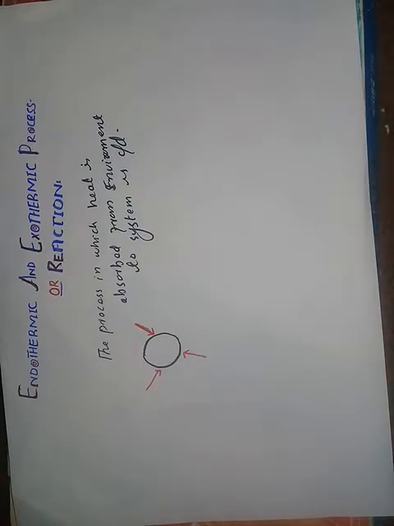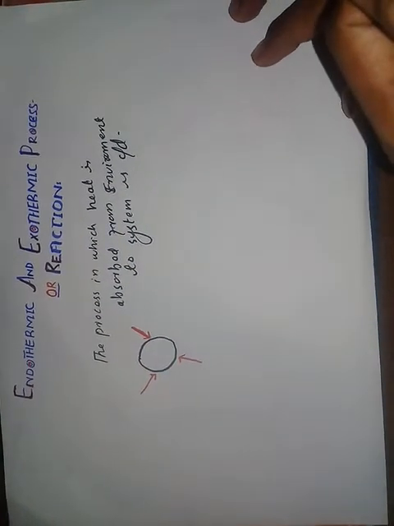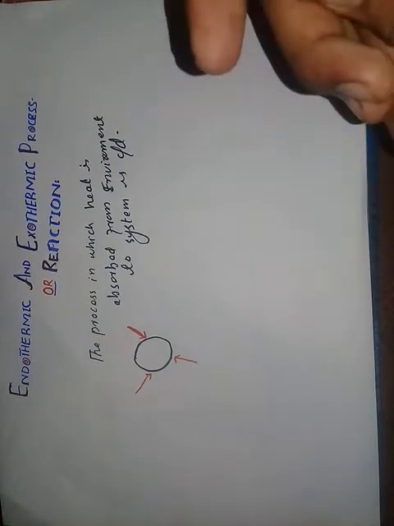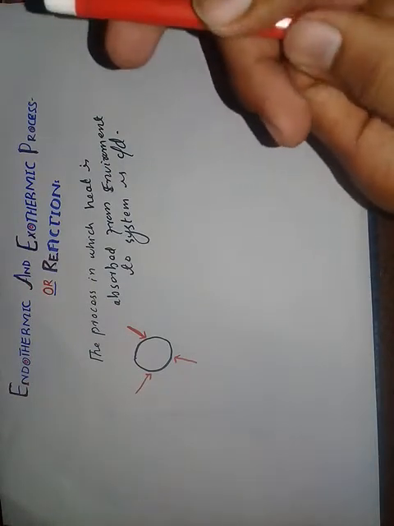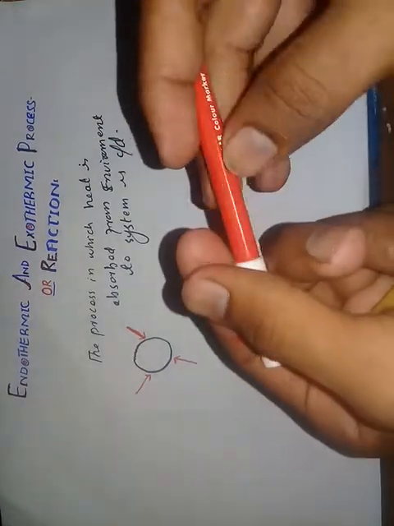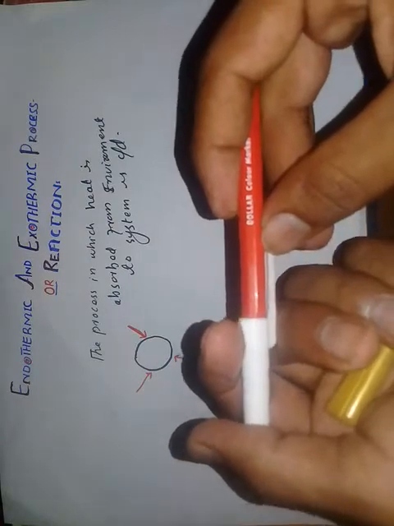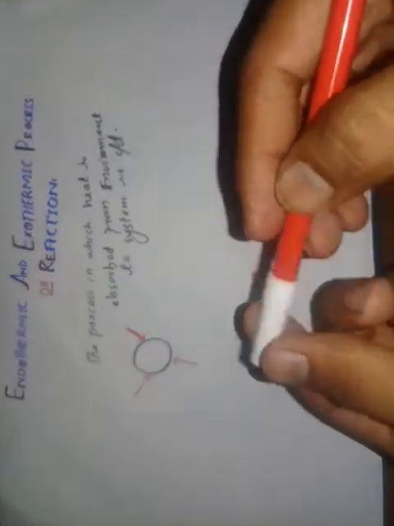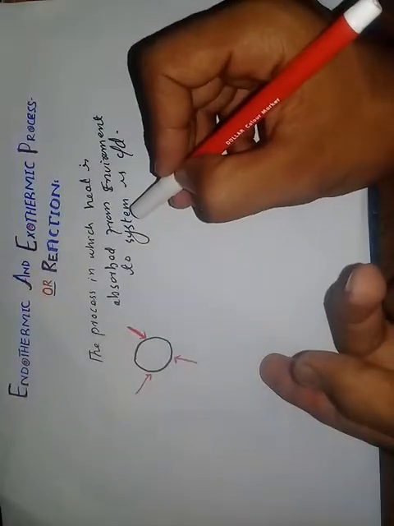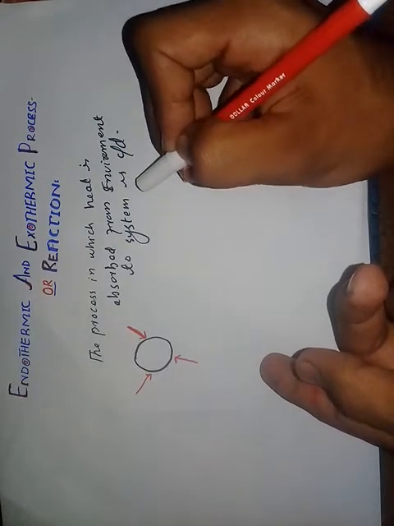Let's suppose boiling and melting are examples of endothermic process. In melting and boiling we give the heat, while in condensation or freezing, heat is evolved from the system to the surrounding. Now, what is endothermic? The process in which heat is absorbed from the environment to the system.